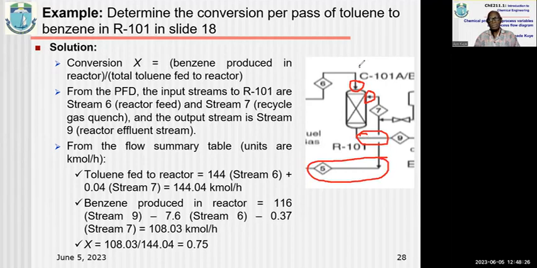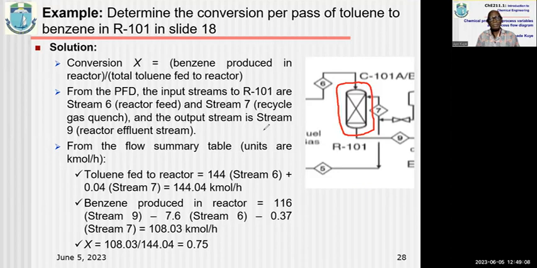If you take your balance around the reactor, which is what we are interested in, you will see immediately that there are two inputs coming in, stream 6 and stream 7, and there is only one stream leaving the system, which is stream 9. So once we've been able to identify that, we'll then go to the flow summary table.